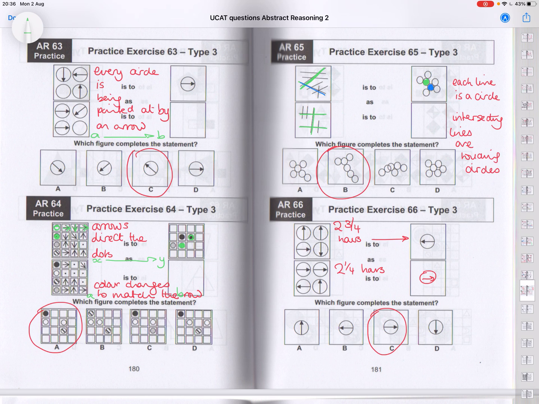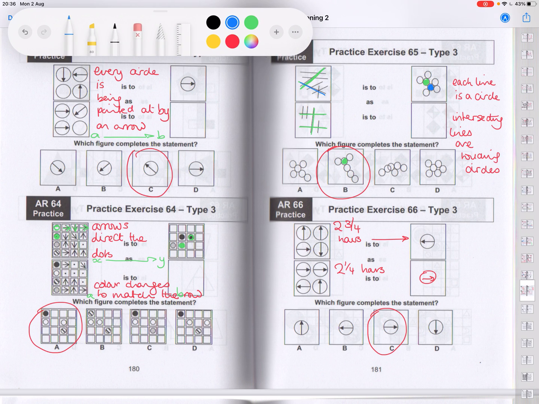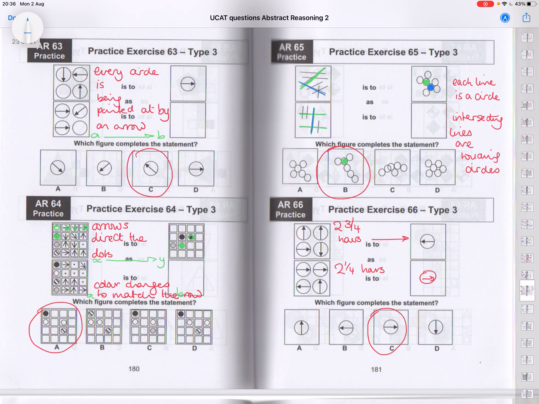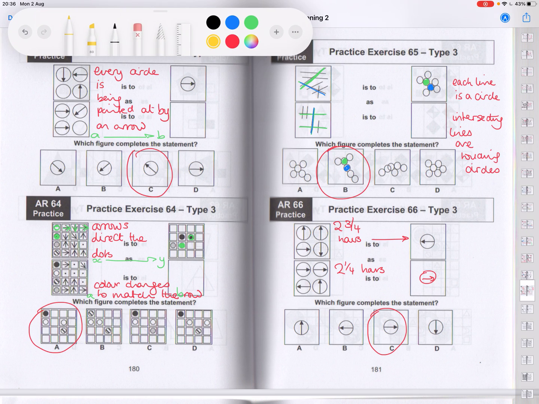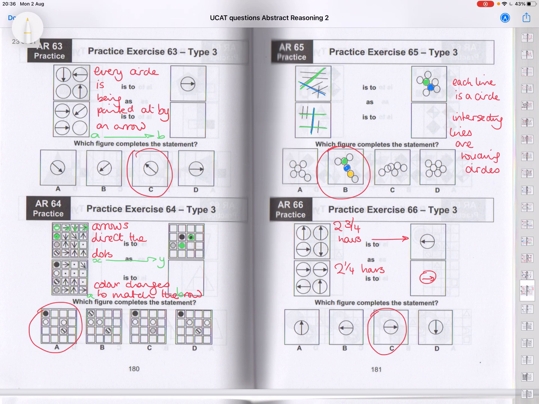So the only one that follows that pattern, so this one, and then we've got this one, and then we've got this one, is B.